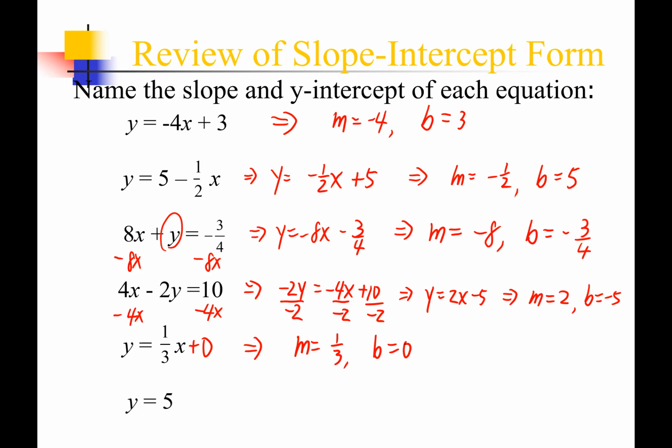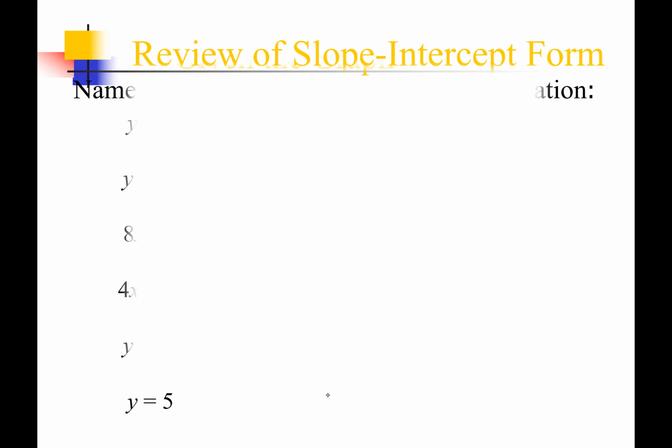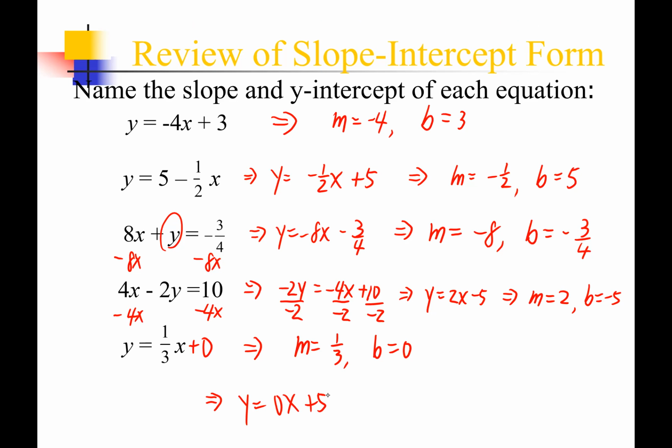Okay. The last one, this one has no slope, but we can manually create the slope, right? So y equals 0x adding 5. Now it'll be easier to identify this. Okay, so we know that slope must be the number in front of x, so slope is 0, and then y-intercept is 5.